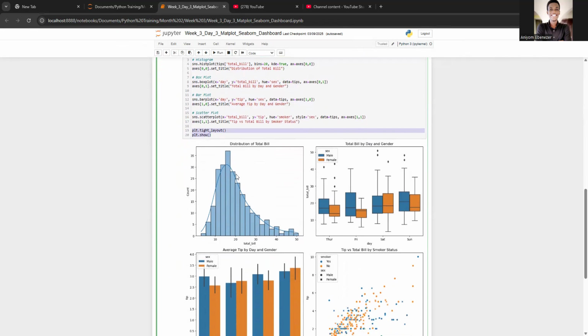So let's look very closely. We'll see distribution. We'll say that this guy is right-distributed, or positively distributed, because it has a tail tilted towards the right. And that's for the total bill.